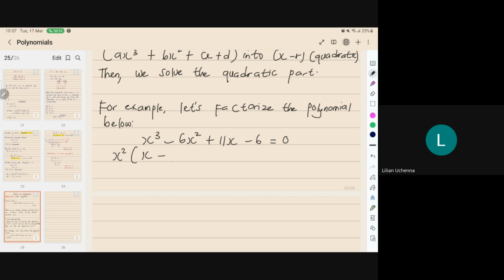I'll have x minus 6, then plus 11x minus 6. Even at that, that will be some sort of problem. So I think this will be a little bit challenging to solve that way, right? This will be challenging, but let me see if I can use that method for this example I'm quoting now.